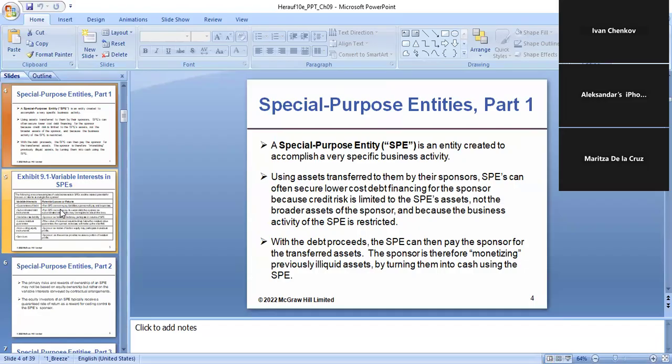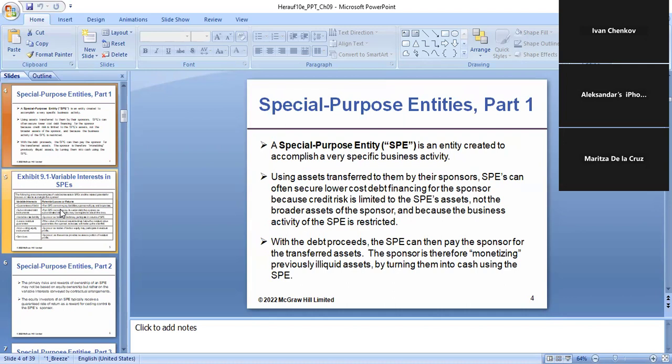What we're going to do, we're going to use the assets, transfer them to the specific purpose entity. And once we do that, we're going to be called sponsor. And then the specific purpose entity can secure a low-cost debt financing from the sponsor because of the credit risk.